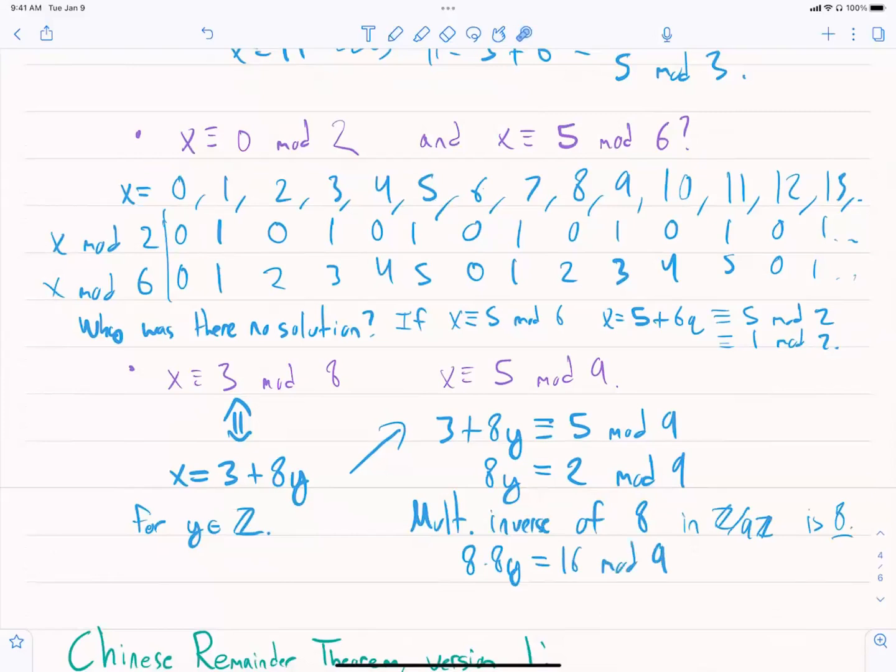You can check your math here: if I multiply this out, this is 64. And 64 is 63 plus 1, so 64 is really congruent to 1 mod 9. So this is just y, congruent to 16 mod 9. And let me simplify that more: 16 mod 9 is the same as 7 mod 9. So y is congruent to 7 mod 9.